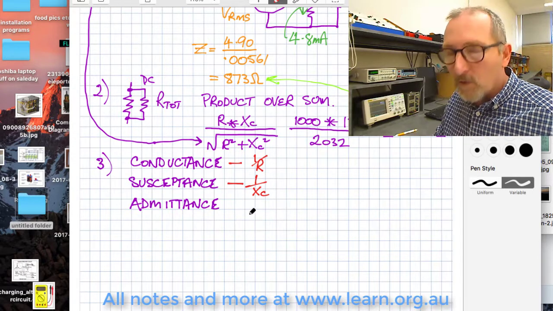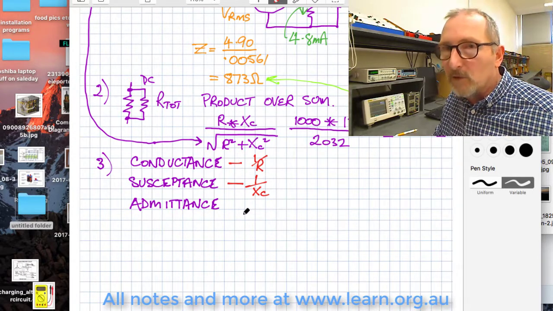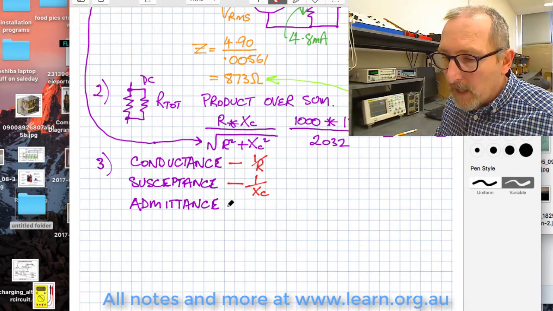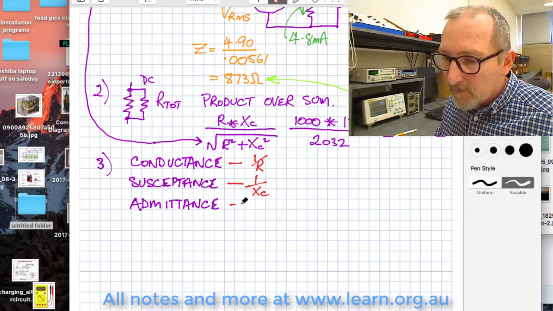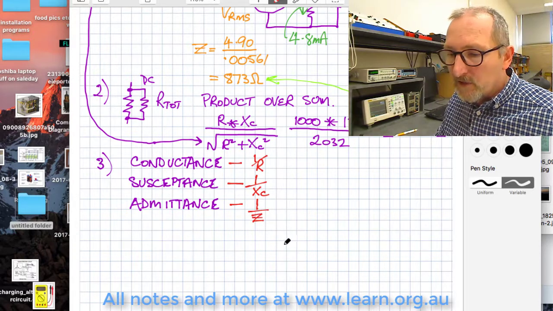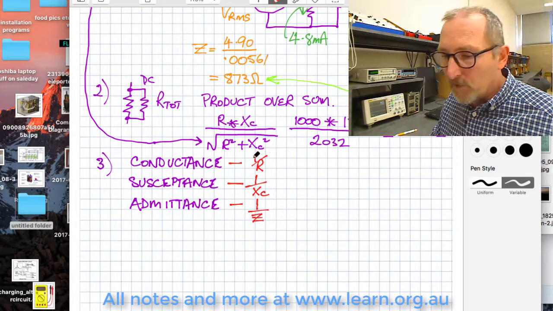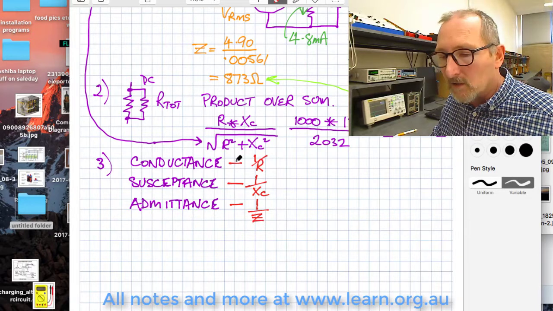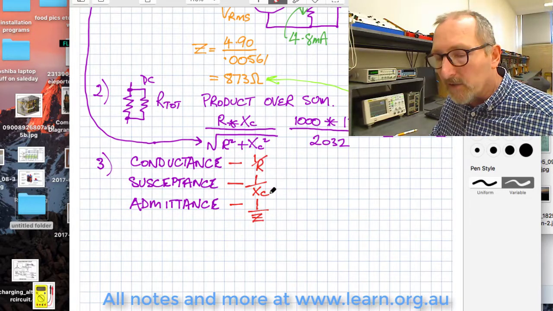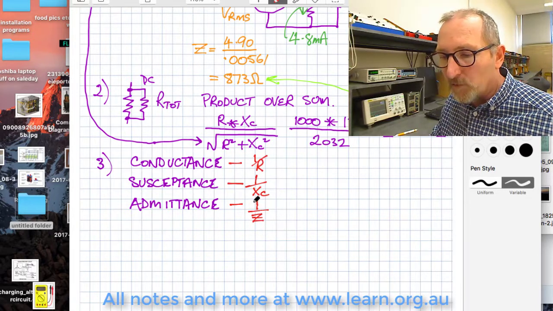Of course, that could be another reactive component too. It could be XL. And admittance, 1 divided by Z. So we've got the reciprocal of the resistance is the conductance, reciprocal of the reactance is the susceptance, reciprocal of the impedance is the admittance.